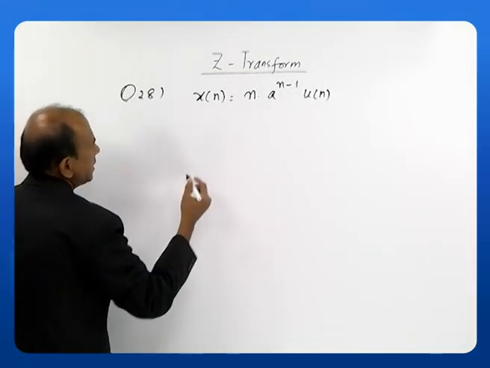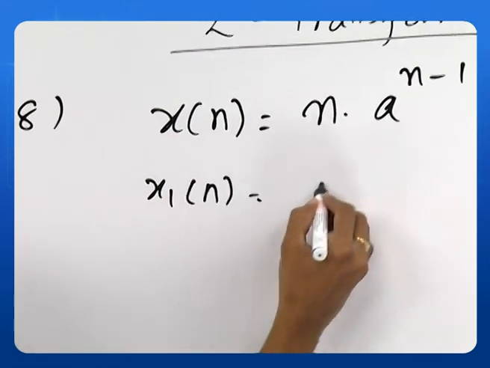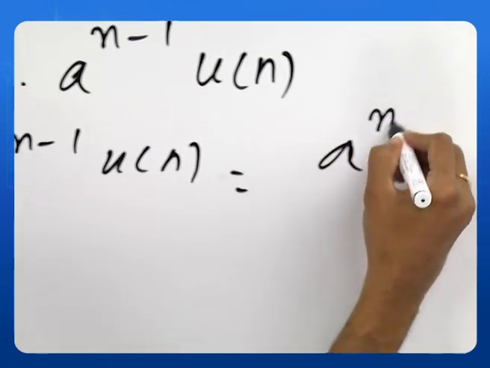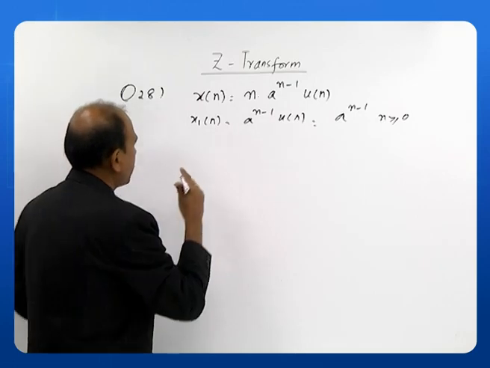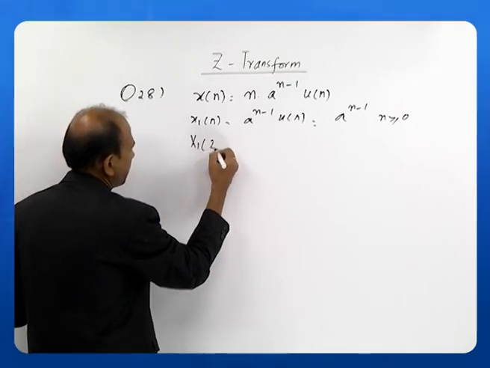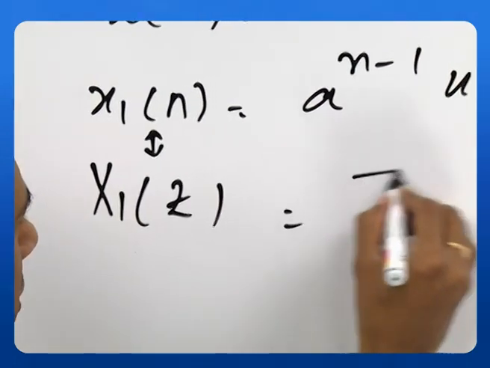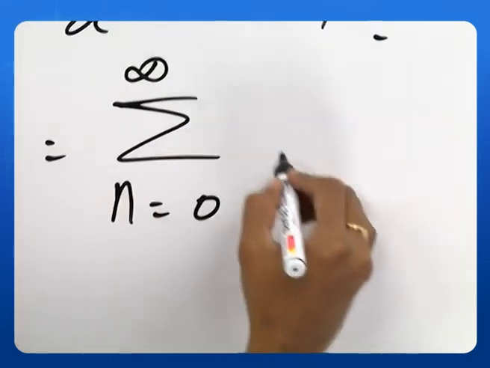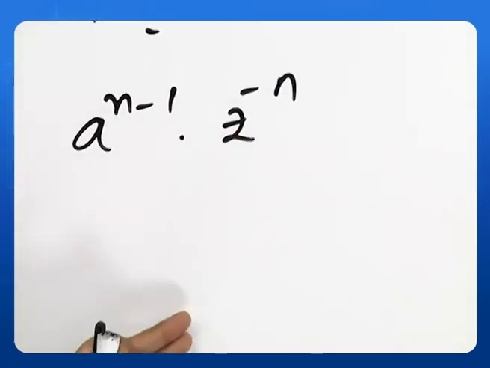Okay, let us say this x1 of n is equal to a to the power of n minus 1 u of n. That will be equal to a to the power of n minus 1 for n greater than or equal to 0. Now let us find out x1 of z for this. That is the z transform of this, x1 of z. So this will be equal to summation n is equal to 0 to infinity a to the power of n minus 1 z to the power of minus n.